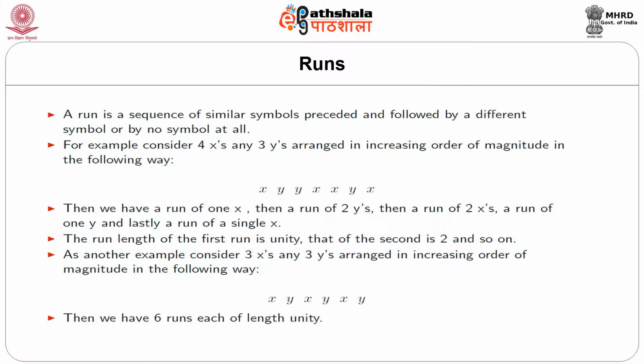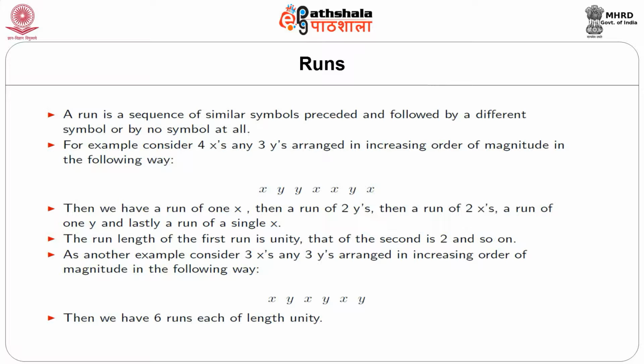A run is a sequence of similar symbols preceded and followed by a different symbol or by no symbol at all. For example, consider 4 x observations and 3 y observations arranged in increasing order of magnitude in the following way: x, then y, then again x, then y, and then lastly x.